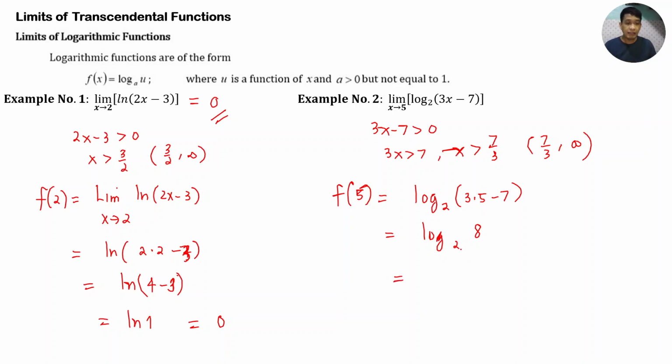So to evaluate this, what must be the exponent of this base to make it 8? So therefore, we have 3. So thus, the limit as x approaches 5 of log of the quantity 3x minus 7 to the base 2 is equal to 3. So that is the limits of logarithmic functions.